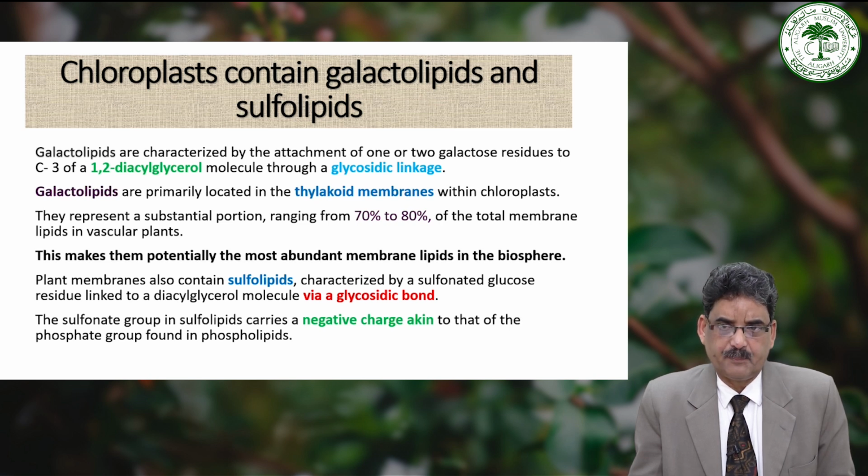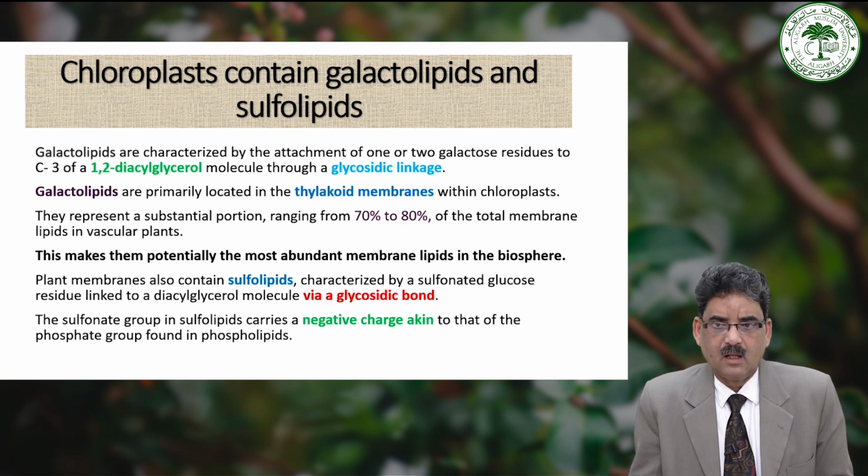Galactolipids are predominantly found in the thylakoid membrane, which are internal membranes within chloroplasts. They constitute a significant portion, ranging from 70 to 80% of the total membrane lipids in vascular plants, making them possibly the most abundant membrane lipids in the biosphere.